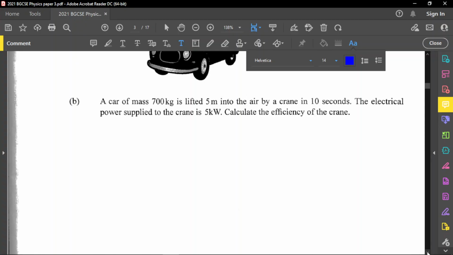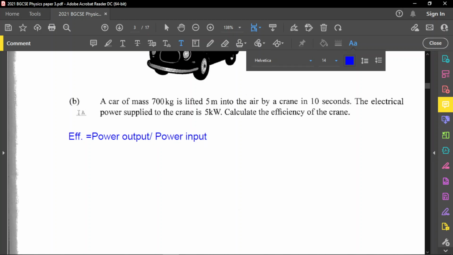So there are a number of things we need to figure out right here before we actually go into the efficiency. But let me give you the efficiency formula first that we're going to use, and then we break down the question a little bit further. The formula for efficiency is equal to the power output over the power input.